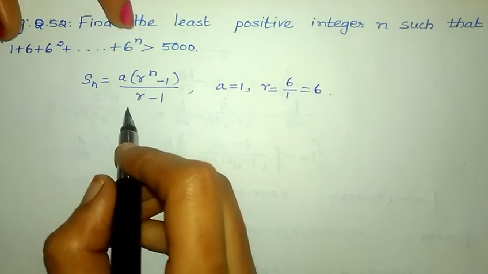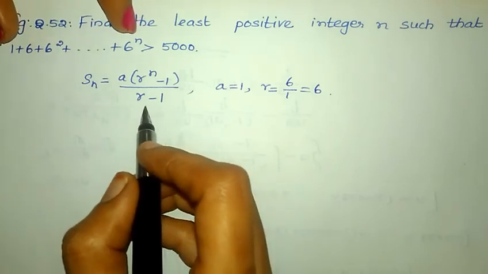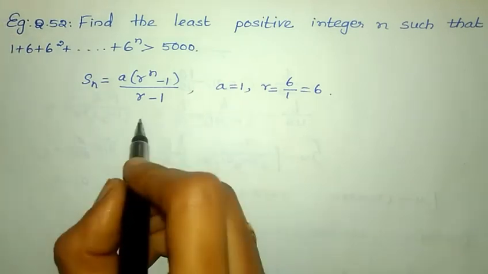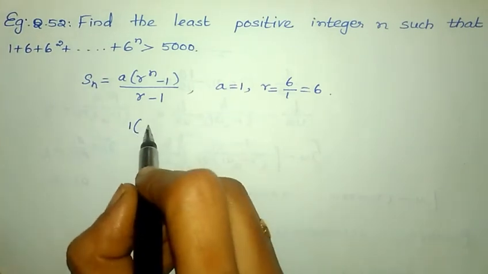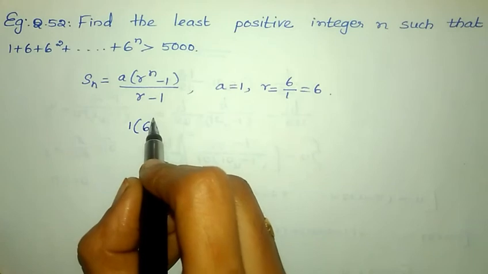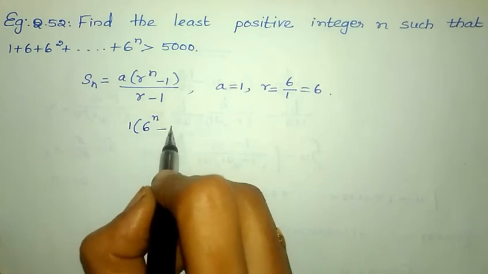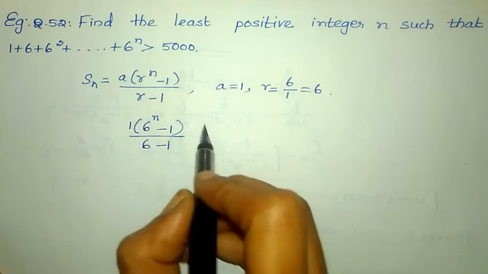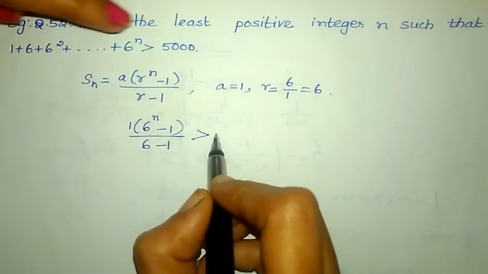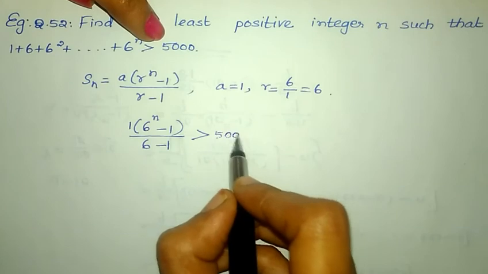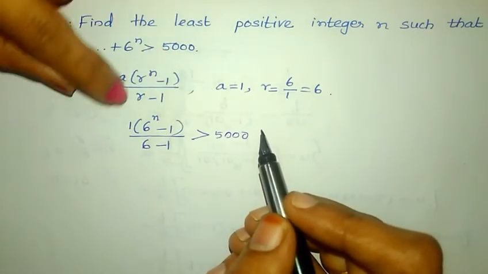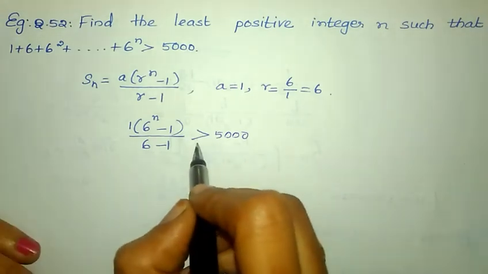Now instead of this we can find the sum, that is a into, a is 1, 1 into 6 power n minus 1 by 6 minus 1, r is 6, so 6 minus 1 greater than this 5000. Instead of this we found the sum of that by using this formula, which is greater than 5000.